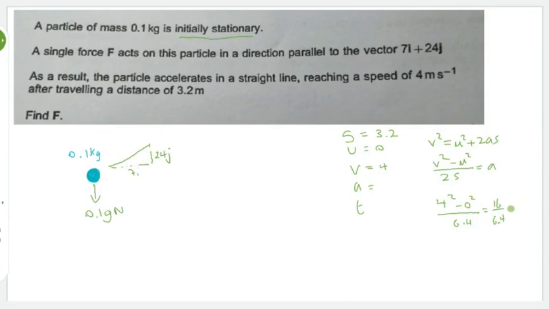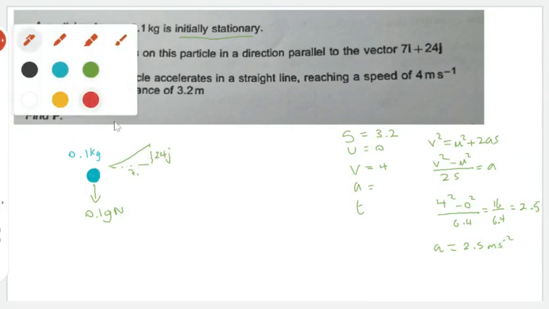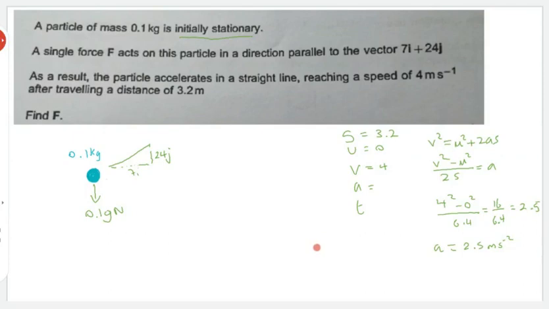If 16 over 64 is 0.25, then 16 over 6.4 is 2.5. So our acceleration is 2.5 meters per second squared. So we now know the acceleration.